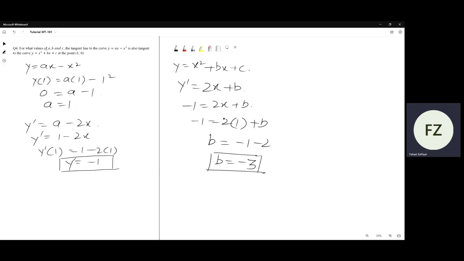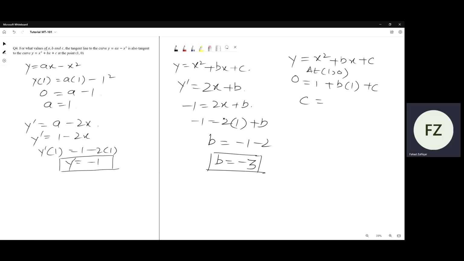We are left with c. How we can find c is, we can just plug in the values into y equals x squared plus bx plus c. We know that the point is (1, 0). At (1, 0), 0 equals x squared, which becomes 1, plus b into 1 plus c.